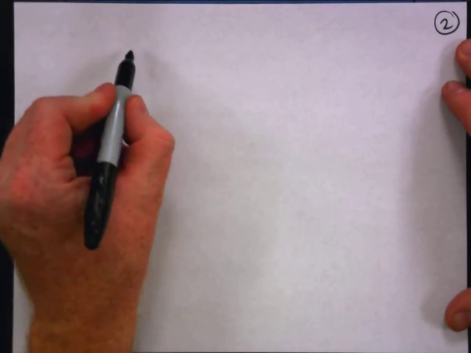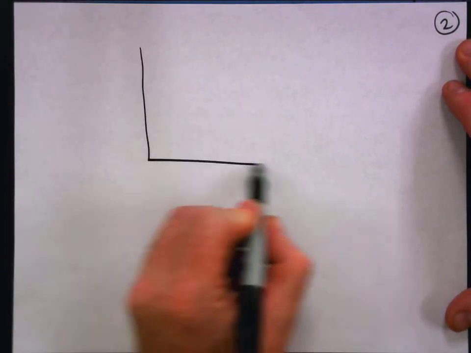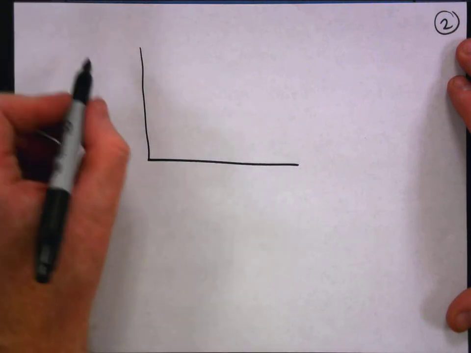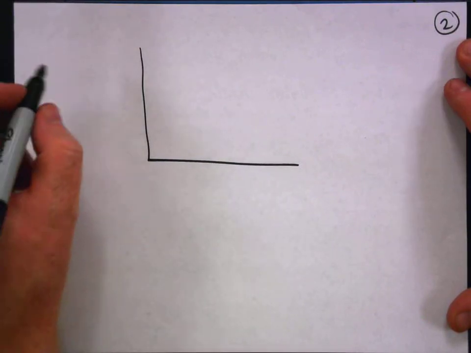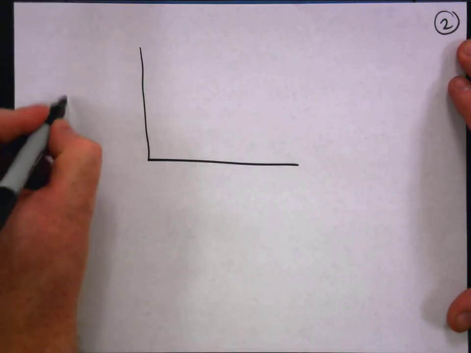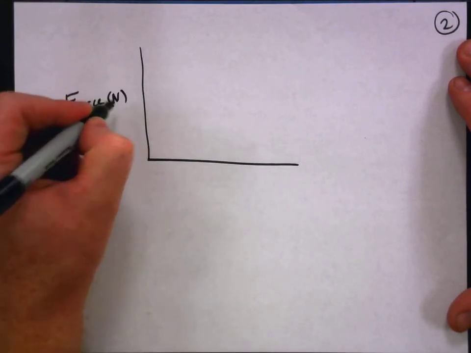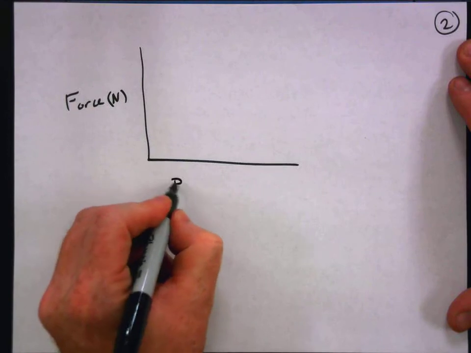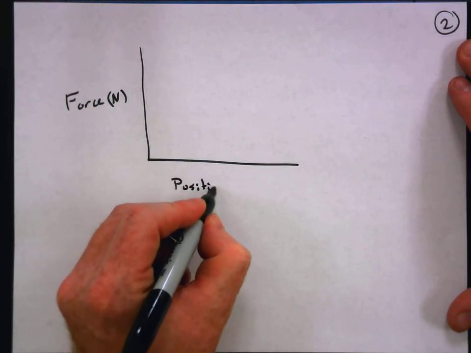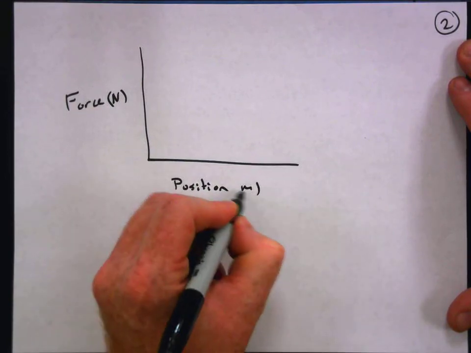So here we go. How can we look at work done in a graphical way? Okay, so graphically, I'm going to have a graph. And what I want to do is I'm going to borrow a technique that we first saw in kinematics. I'm going to graph force measured in newtons against the position measured in meters.